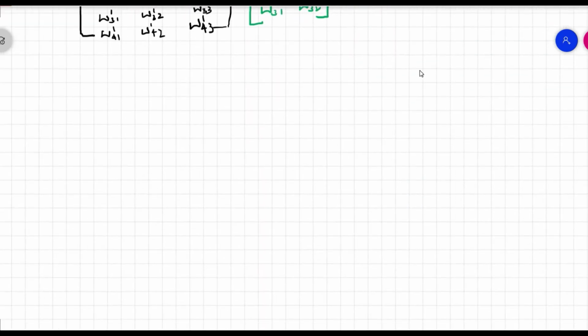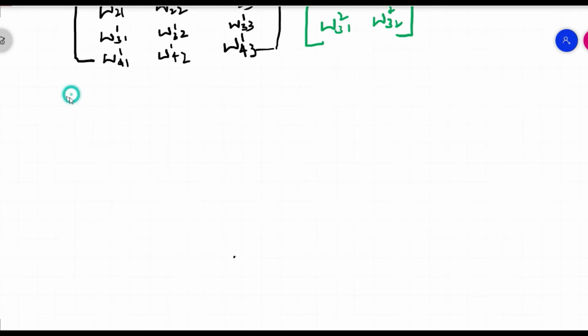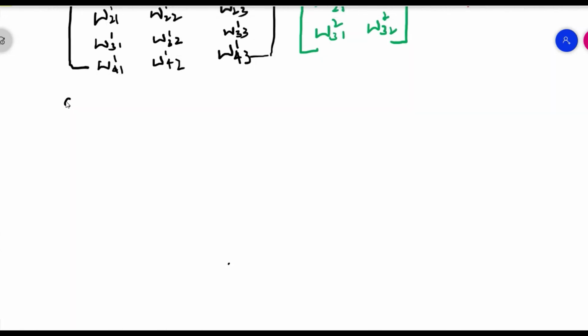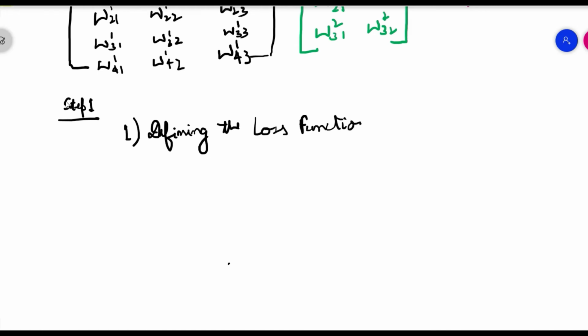So what is step 1? Step 1 is about identifying or defining the loss function for your model. Let's say you are going to implement a standard linear regression problem.